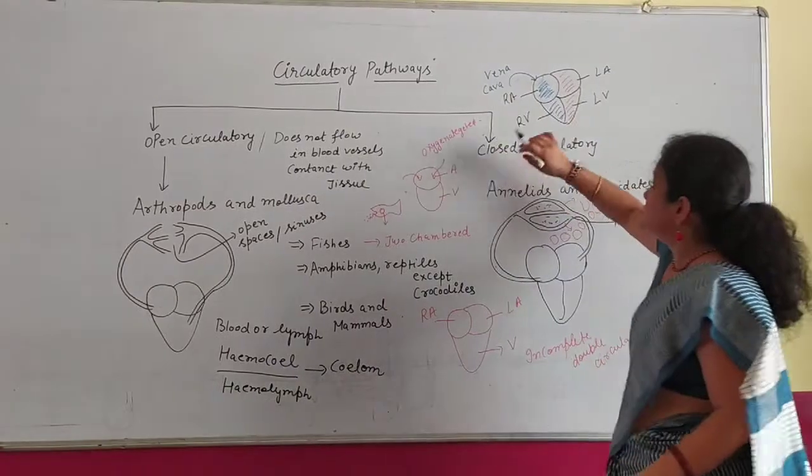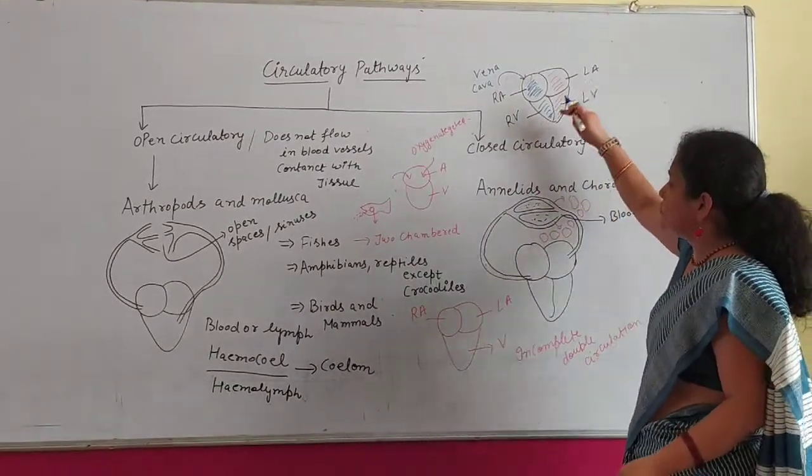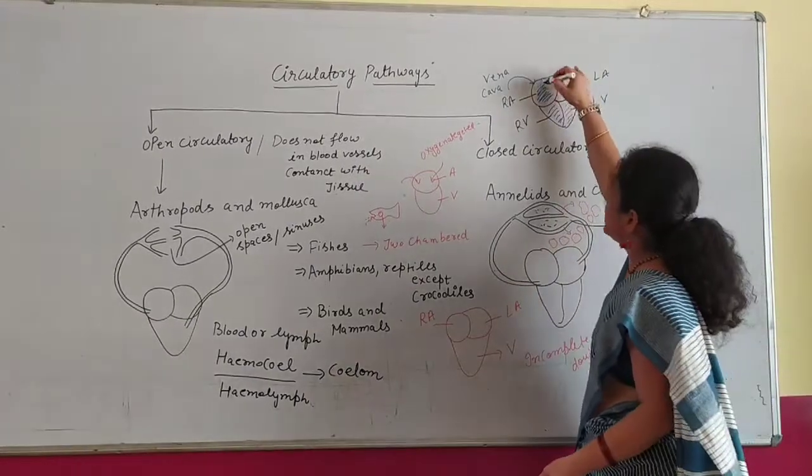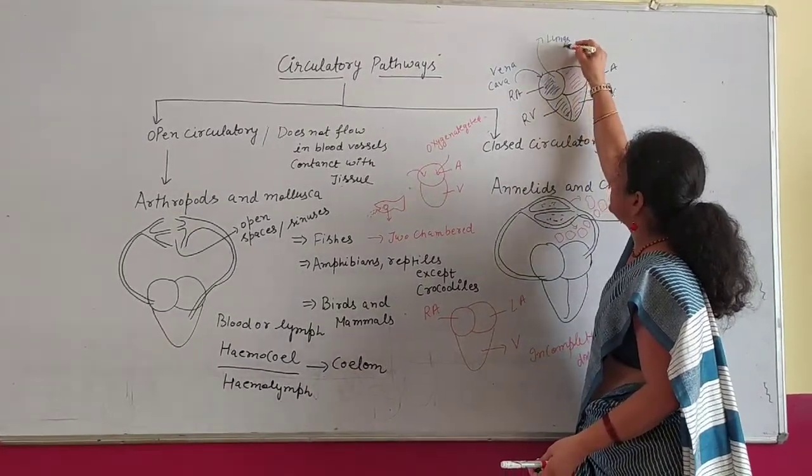The vena cava carries deoxygenated blood. Then this blood transfers to the right ventricle, and from the right ventricle it transfers to the lungs.